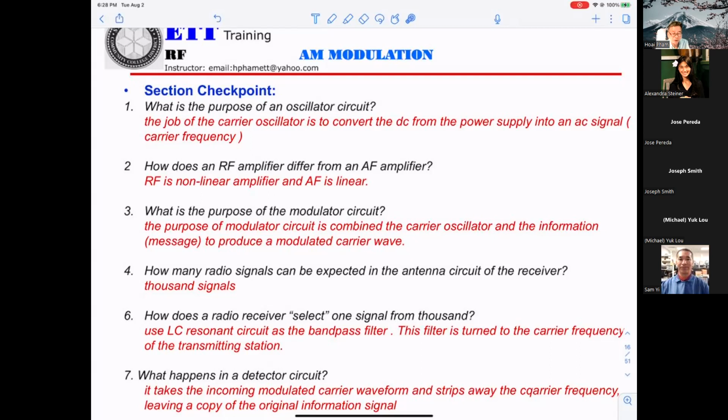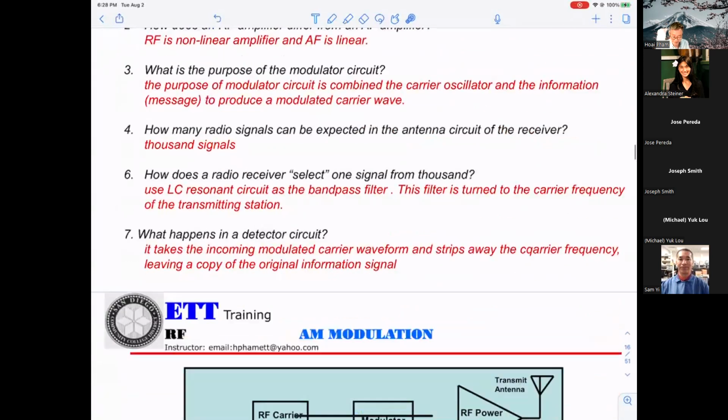They carry your voice to transmit it over the air. However, when they reach your radio, your radio will try to remove the carrier and get back your voice. Okay?